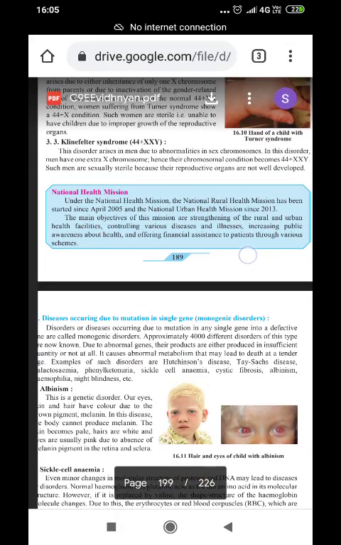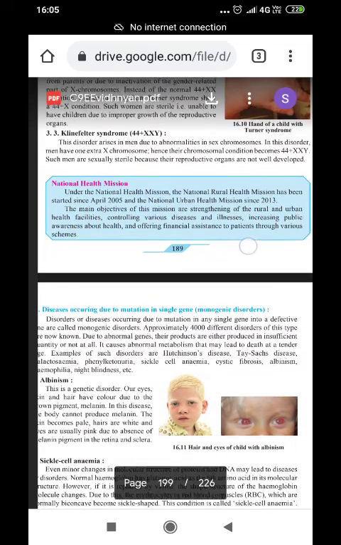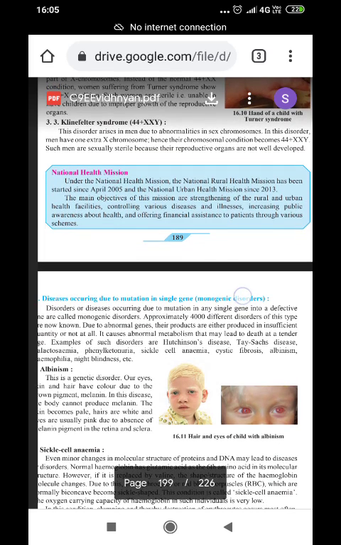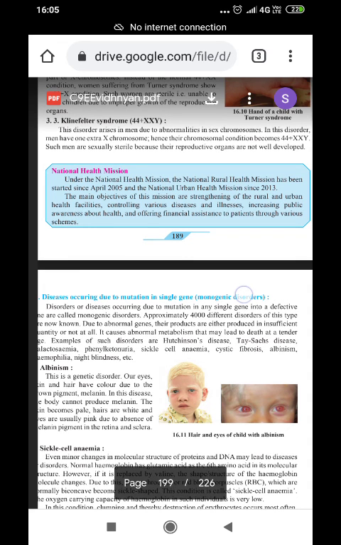Now, the third disorder caused due to number of chromosomes is Klinefelter syndrome, which we write as 44 plus XXY.